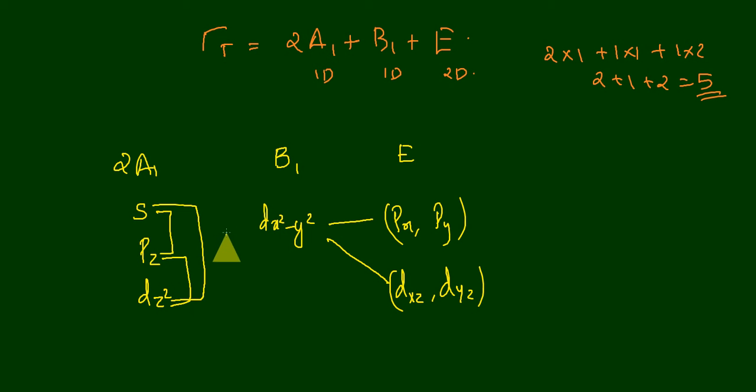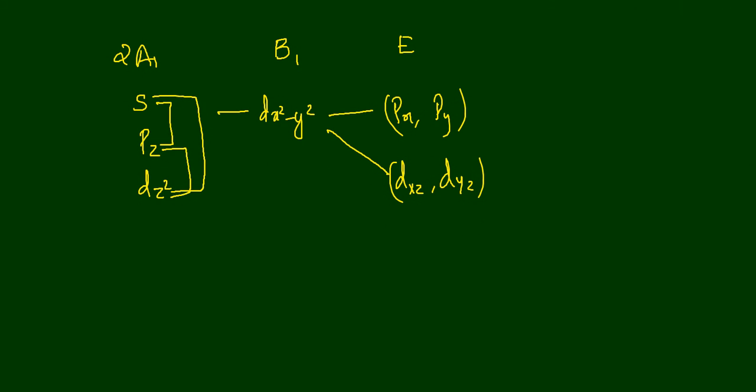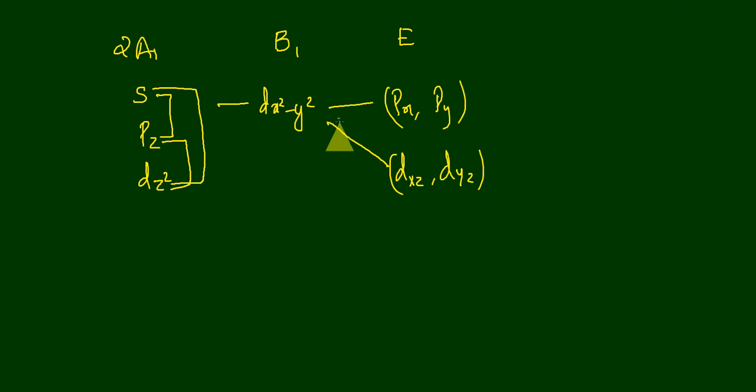So either of these pairs will be combining with this one. Okay, so these will combine with dx square minus y square, and then it can combine with either of these pairs. So how many possibilities are there? There are 6 possibilities, right? So let me write the possibilities of dx square minus y square px py set. Okay, first set this one.